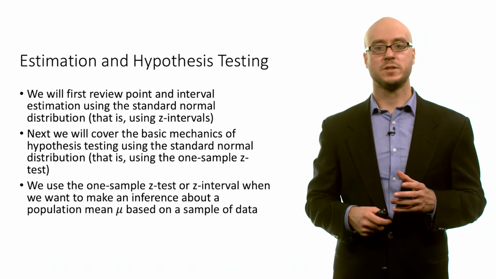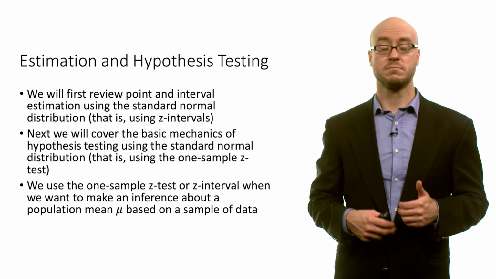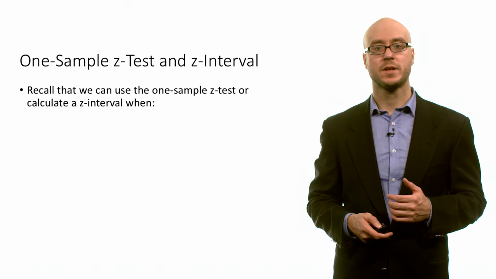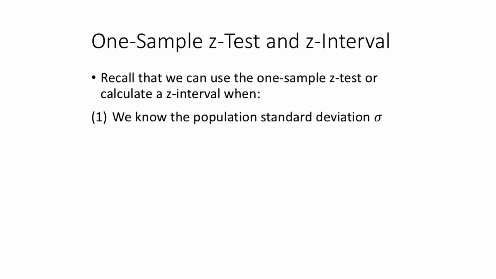We're going to use the one-sample z-test or z-interval when we want to make an inference about a population mean mu based on a random sample of data. So recall that we can use the one-sample z-test or z-interval when we know the population standard deviation, sigma.